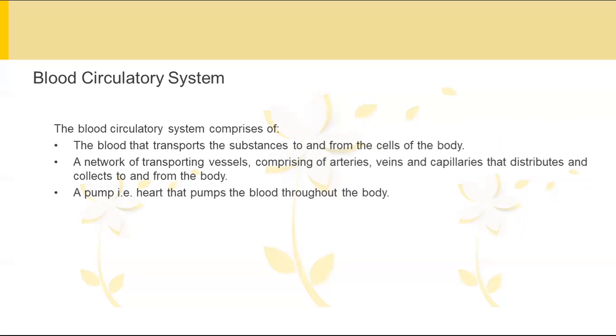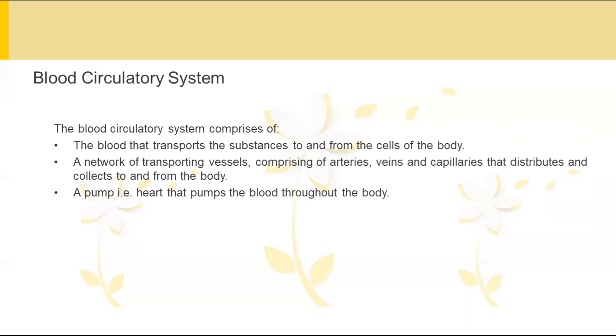The blood circulatory system comprises the blood and the network of transporting vessels, that is arteries, veins, and capillaries, and the process of pumping blood throughout the body from the heart. So the blood circulatory system comprises the blood that transports substances to and from the cells of the body.